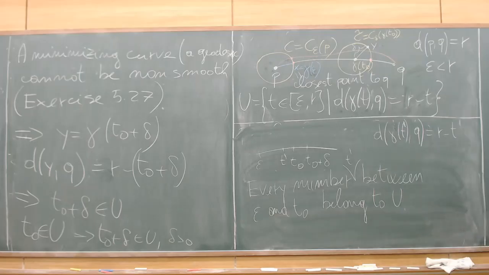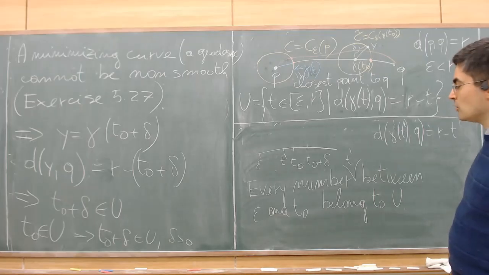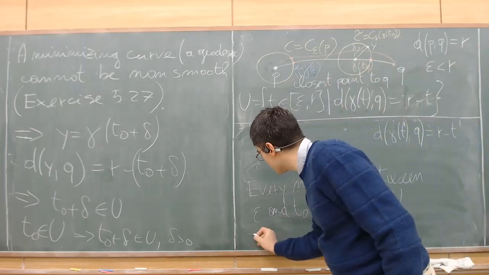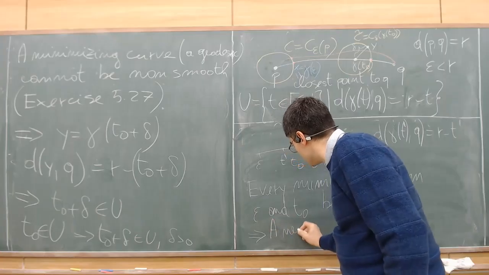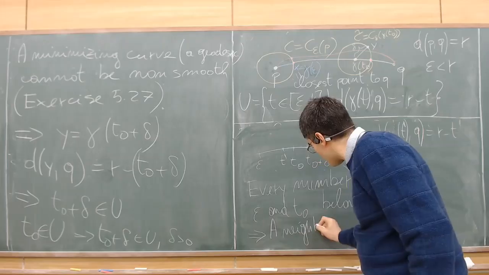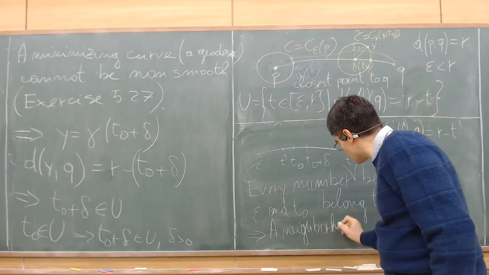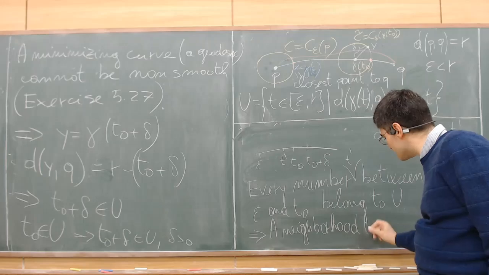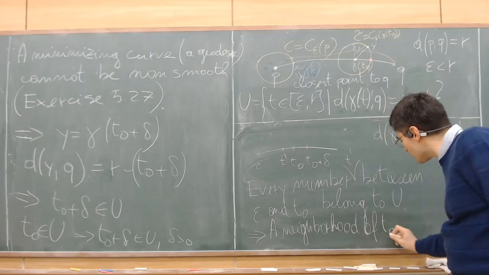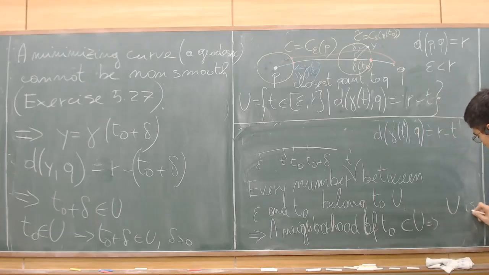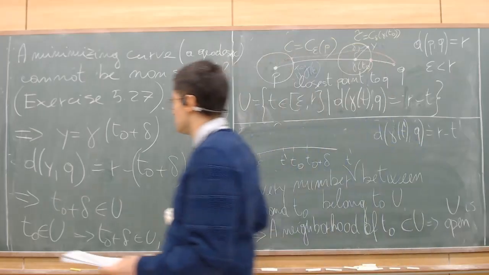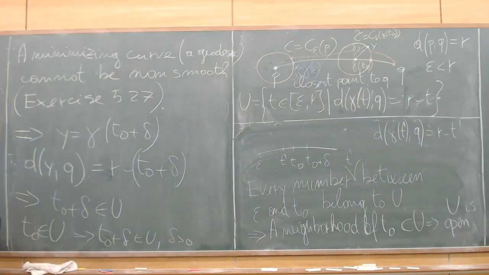So we proved that a neighborhood of T0 is contained in U, which implies U is open. And this is the end of the proof.